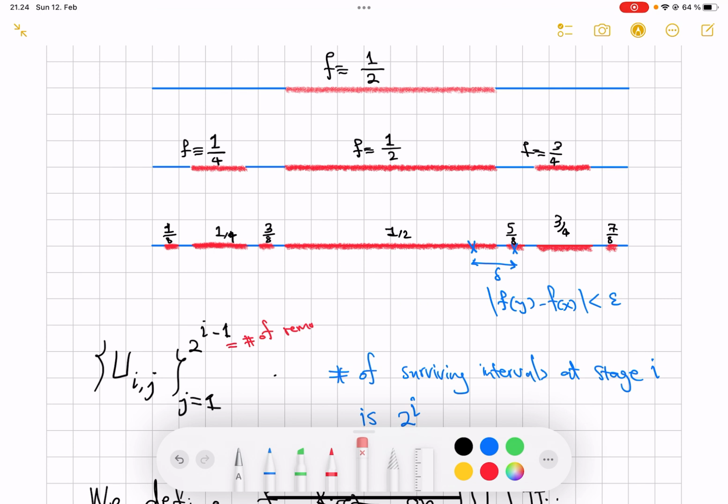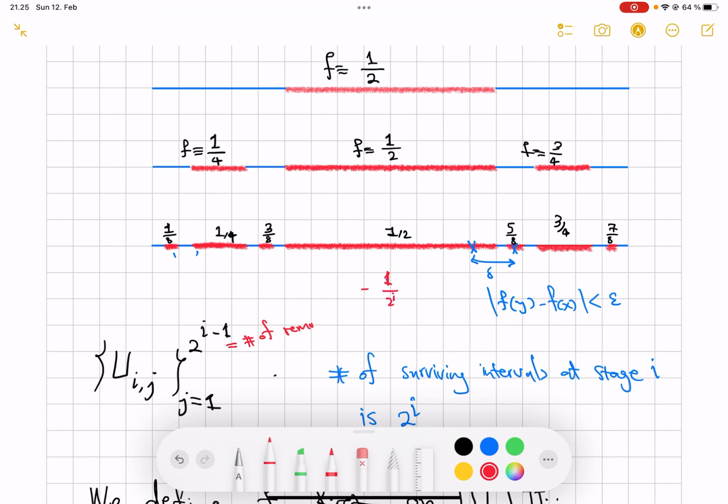But the philosophy of why this function is uniformly continuous, number one, there is this homogeneity. The picture is the same all along the interval, so it doesn't matter whether you're looking at that picture or this picture. The second is that when you fix a delta neighborhood, how many of stage i intervals can lie between them? There is only a limited number of them, because at stage i, the length of these removals is 1 over 2 to the i.